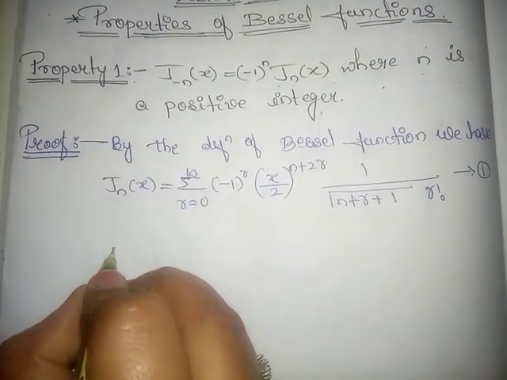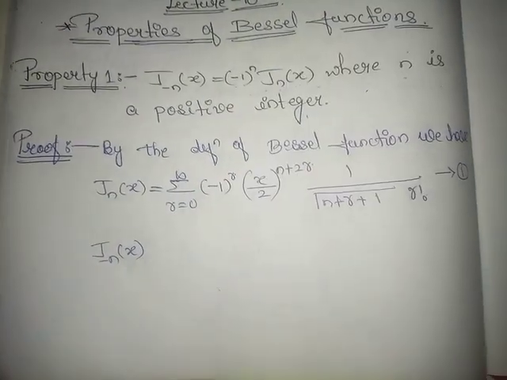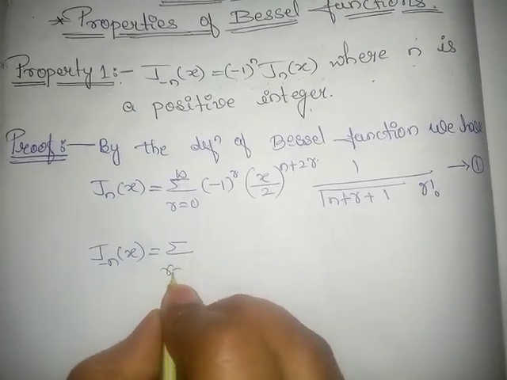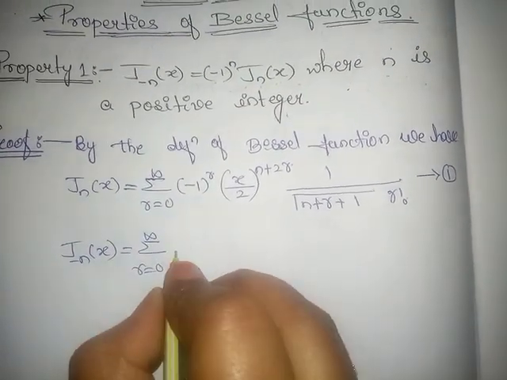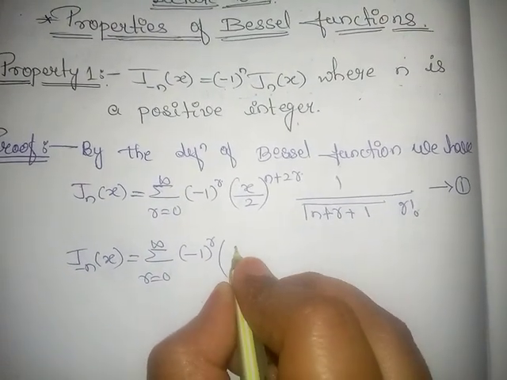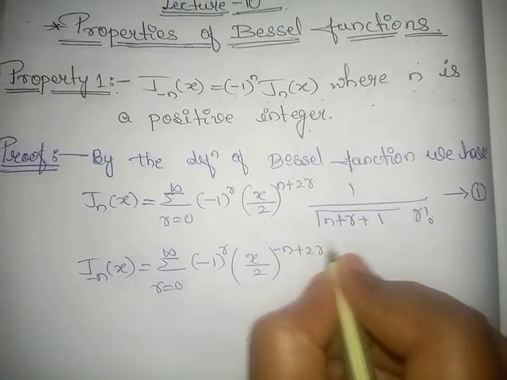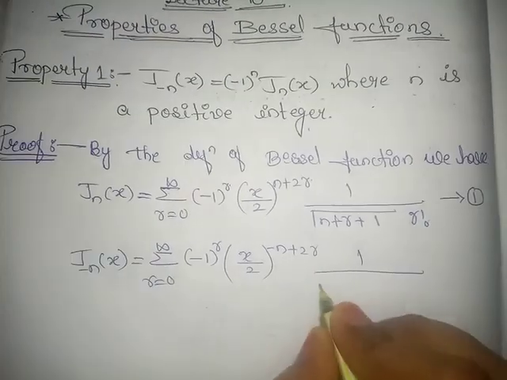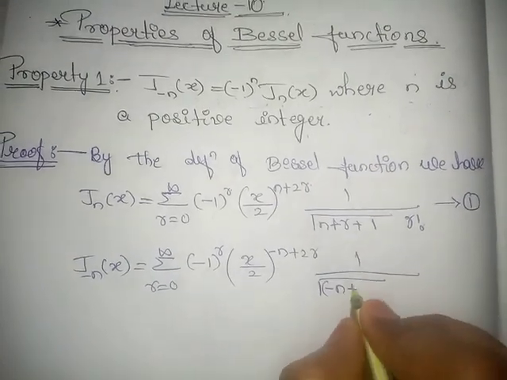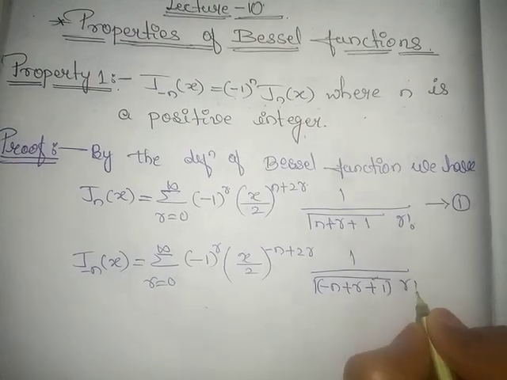Now we already know what J minus n of x is, which is equal to summation r running from 0 to infinity, minus 1 raised to r, x divided by 2 raised to minus n plus 2r, into 1 divided by gamma of minus n plus r plus 1 into r factorial.